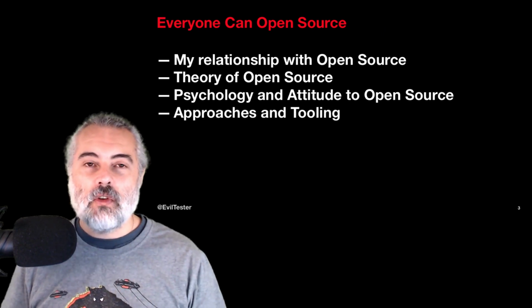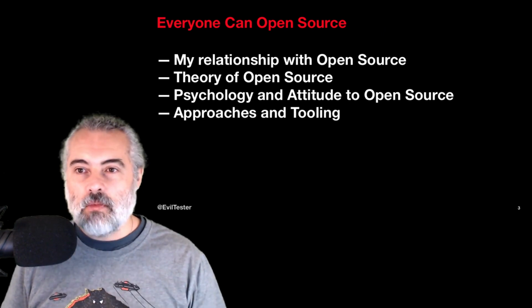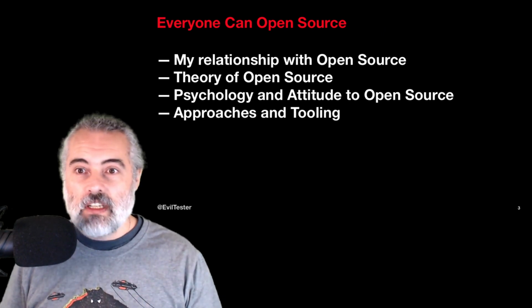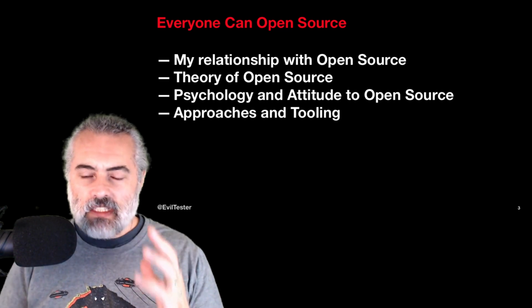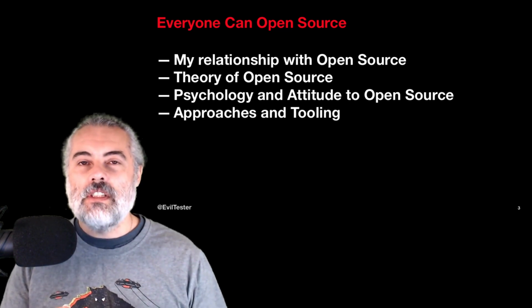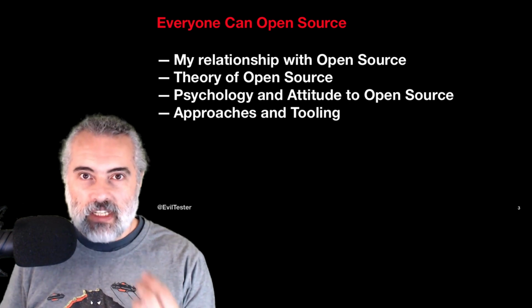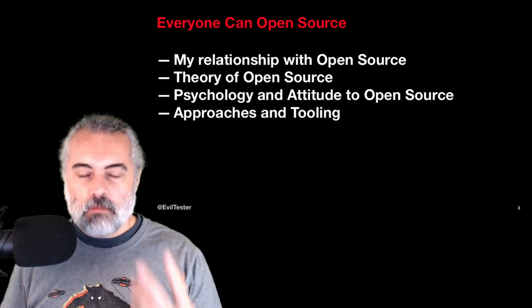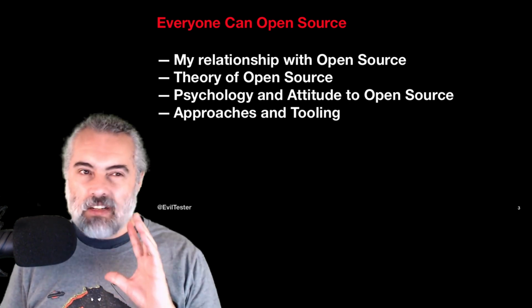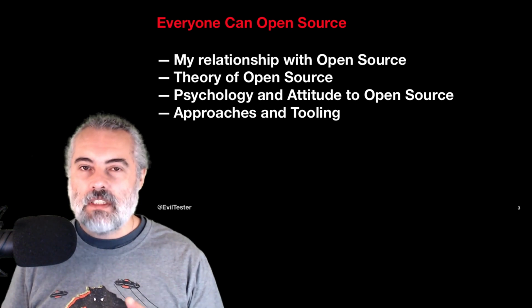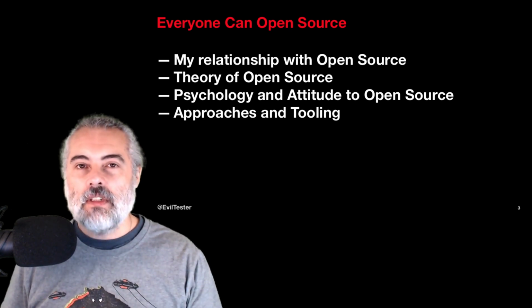So what I want to do in this talk is go through my relationship with open source, a kind of general theory of open source, the psychology and attitudes that are associated when you do open source and to try and get the most out of that, and some approaches and tooling to that. Now, I have way more stuff that I wanted to cover than I can actually cover in the time.